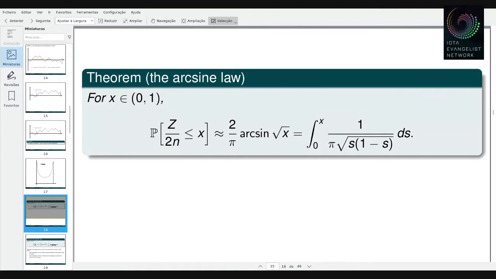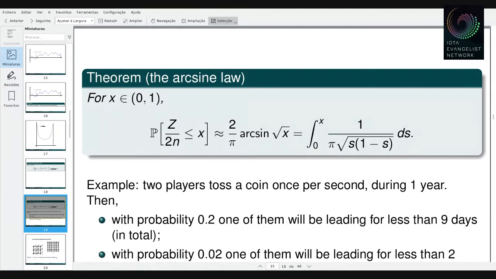Now, to make it clear that this result is in some sense surprising, very unintuitive, let's consider two players who play this game, tossing a coin once per second during 1 year.